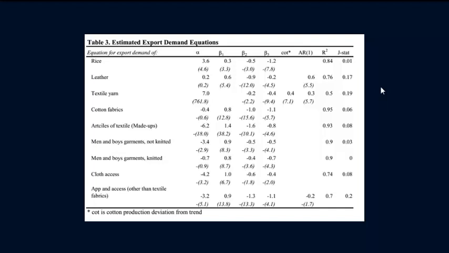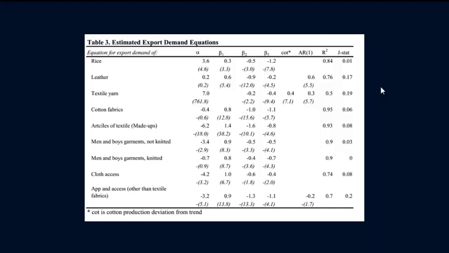And rice is relatively inelastic, less than 1, and the textile is relatively elastic, and similarly beta 3 is the effect of the exchange rate valuation, and you can get some insights as to what would happen if we change the value of the rupee to these exports out of these equations.